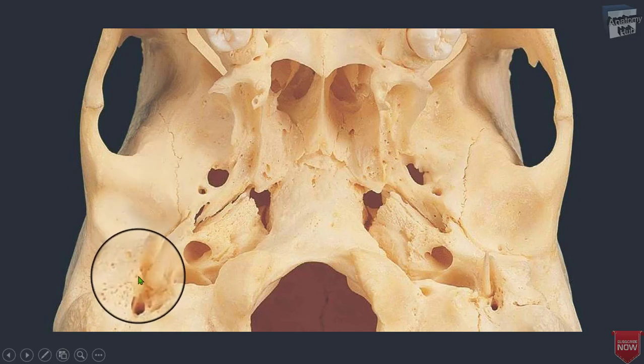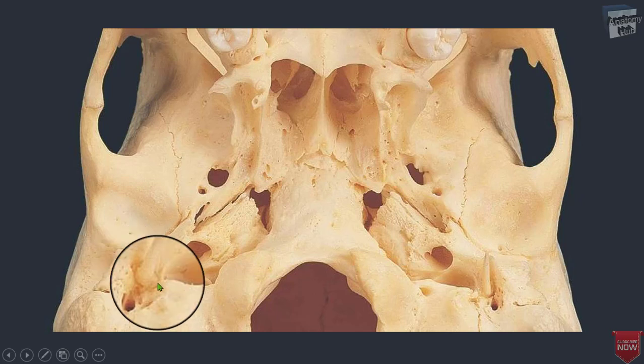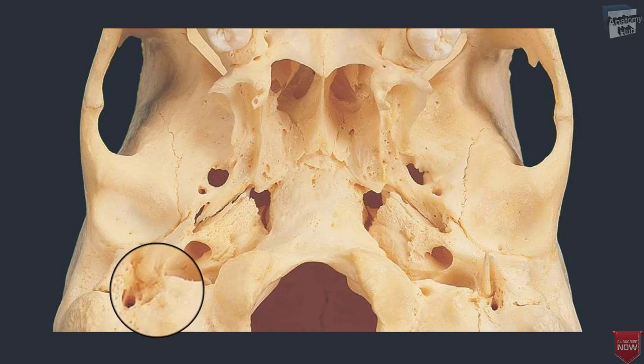Then here you will find the styloid process. The Latin name stylus or Greek name stylos means pillar, and the process projects downward and forward from the temporal bone behind the external acoustic meatus.